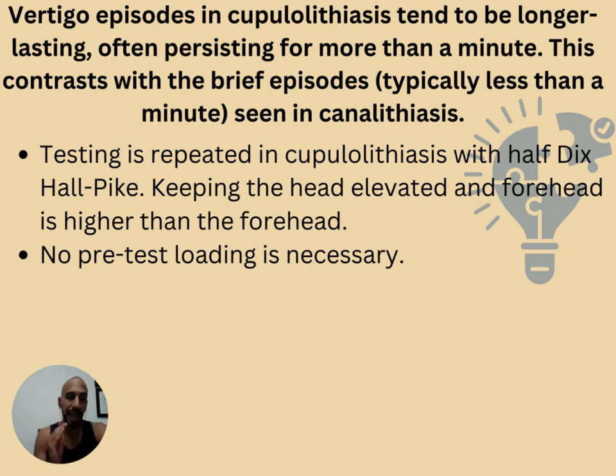In that case, we call it canalithiasis. If it takes longer than 30 seconds, up to a minute, and it's less severe symptoms, then in that case, it's cupulolithiasis. And that means the crystal is actually stuck in the cupula, in the ampullated ending of the semicircular canal, and it's not exerting a lot of pressure inside, but it can last for longer.